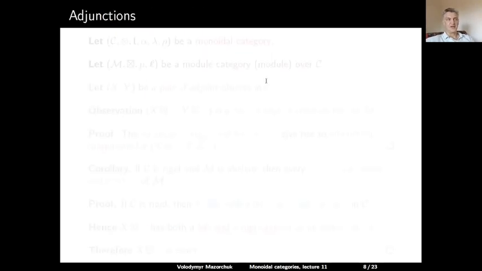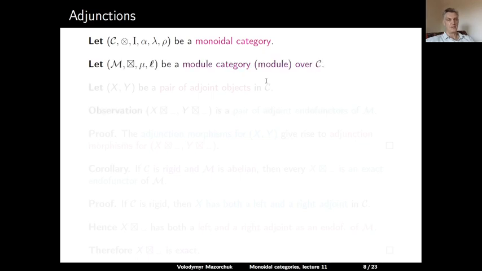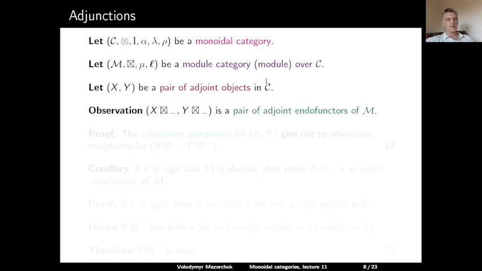The notion of an adjunction is very well adjusted to the notion of representation or a module category. So let C be a monoidal category and let M be a module category over C. Let x, y be a pair of adjoint objects in C. Then we can make the following observation.